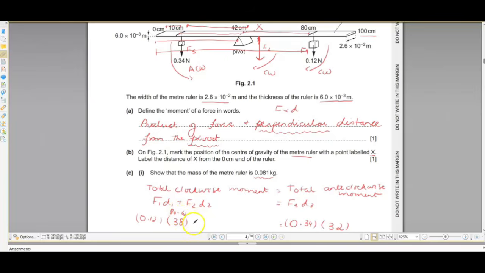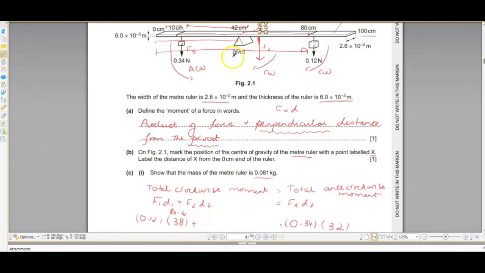And then we have the weight, and this weight is going to be at 50. So the perpendicular distance from the pivot would be 50 minus 42.